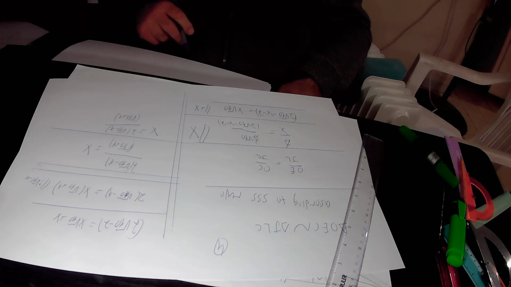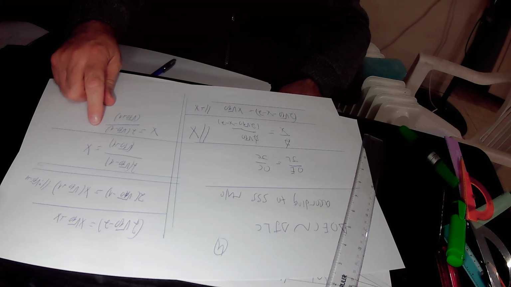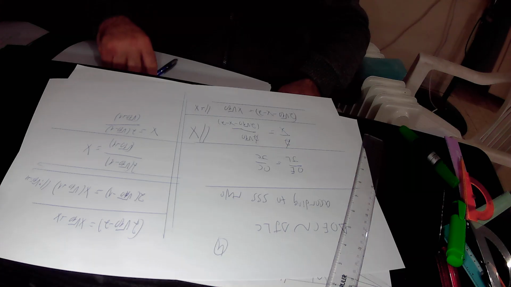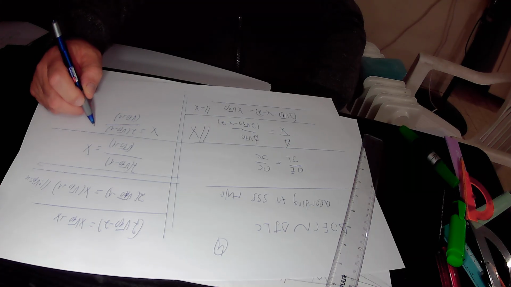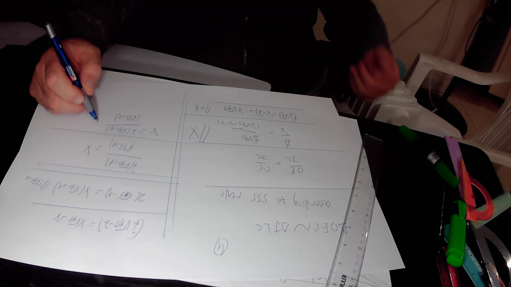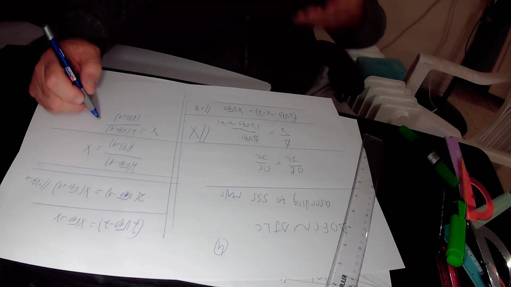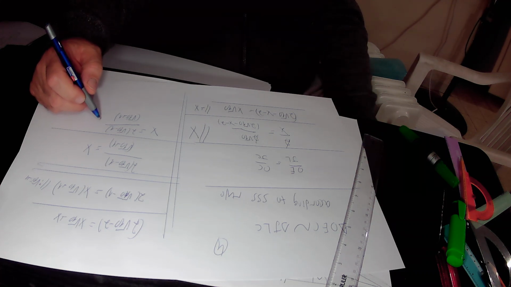So here we multiply both sides of the expression by root of 10 minus 1. Root of 10 minus 1 over root of 10 minus 1 is 1, so it is allowable to multiply anything by 1.